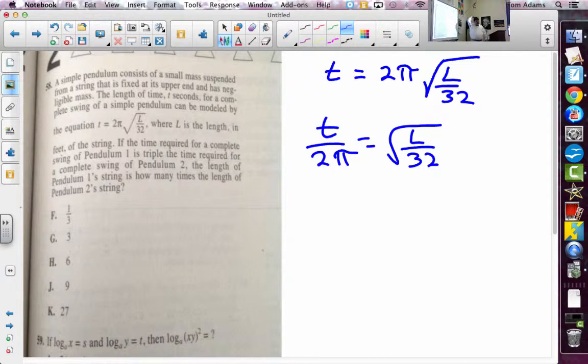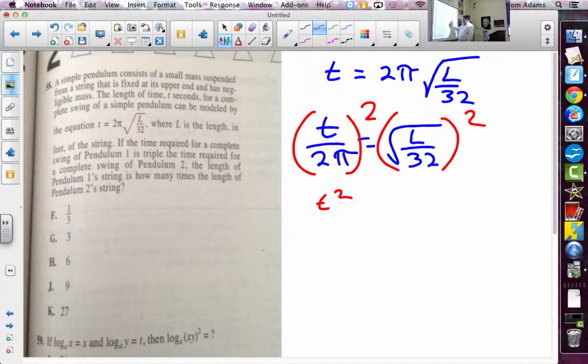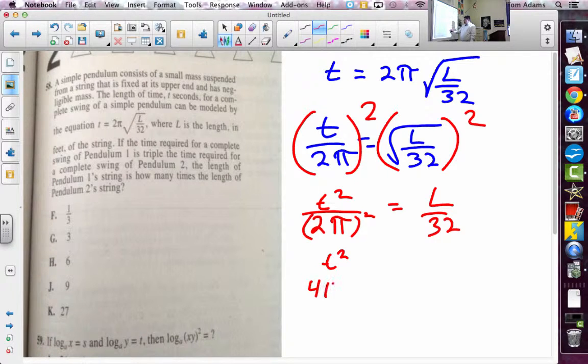Then what do I do to get the L out? Square both sides. So I get t squared over 2 pi squared is equal to L over 32. Well, this stays t squared, and this becomes 4 pi squared.